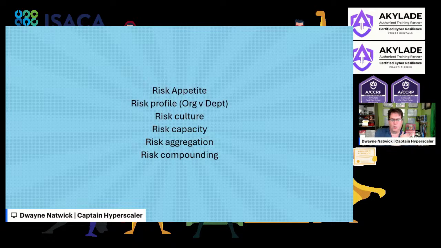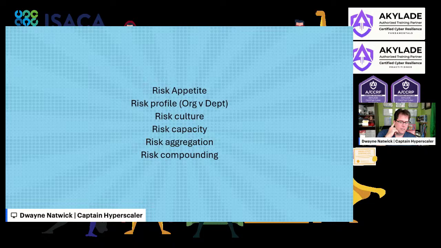Then we can look at other things too, like risk aggregation or risk compounding, where we can take multiple risks and handle those risks with the same mitigation strategy, to spread the cost of handling that risk, that business impact analysis, and that ROI across multiple risks.